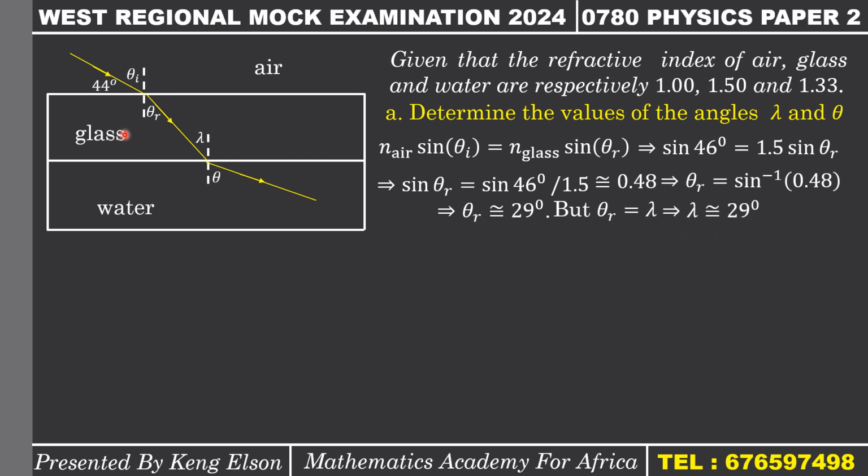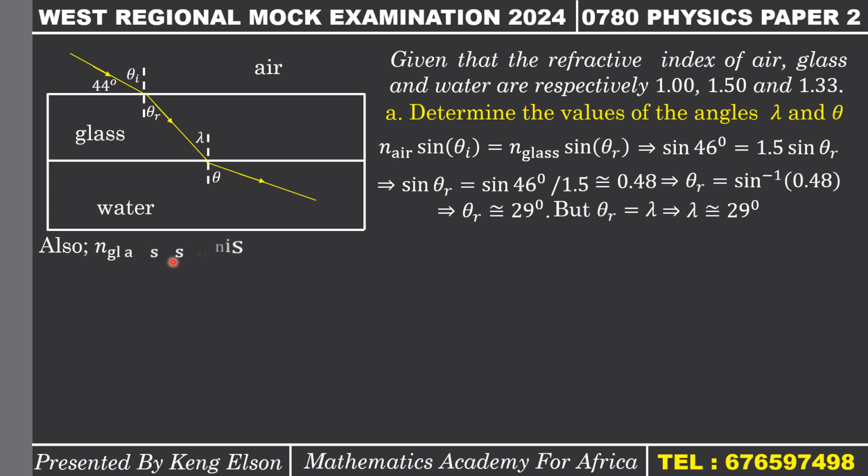Now let us analyze the glass to water relationship. So we are still going to use Snell's law, and this time around the incident ray becomes the refracted ray. That is, the refracted ray in the air to glass relationship becomes the incident ray in the glass to water relationship, while the refracted ray in the glass to water relationship is just this ray.